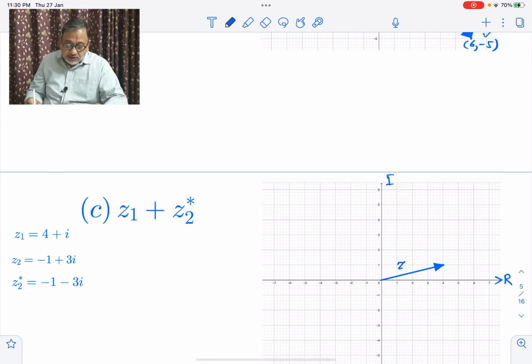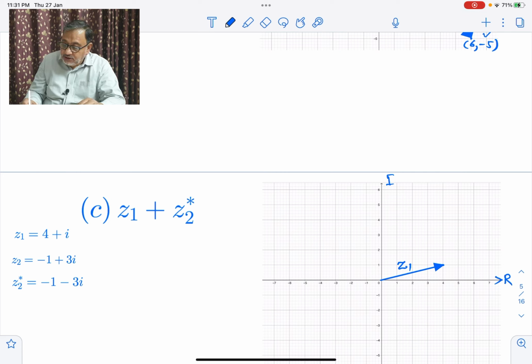And z2 conjugate is negative 1 minus 3i. So negative 1: from where it ends, I will go left 1 unit and then 3 units down. So at negative 2 I will reach. Minus 1, minus 3. So I am now at this point, which is 3 and minus 2.